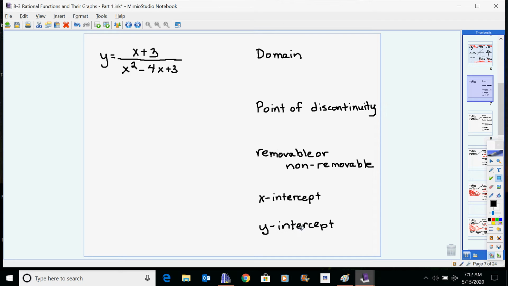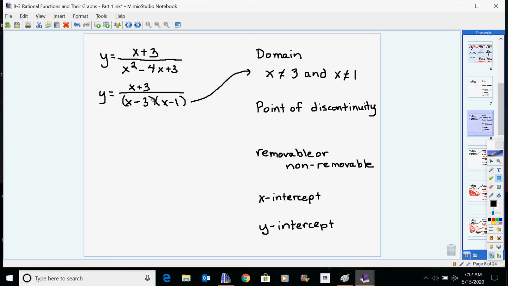So first of all, just as a matter of good practice, make sure that the exponents are in descending order. There are a few good reasons for that, but just always do that. This is already done. And then you want to look to see if you can factor anything. Factoring is going to be super important in figuring these out. So x squared minus 4x plus 3, remember your factoring skills, ends up being (x minus 3)(x minus 1).